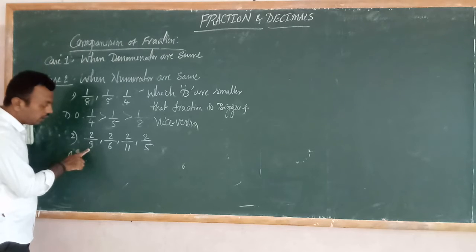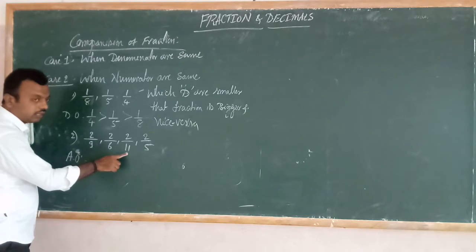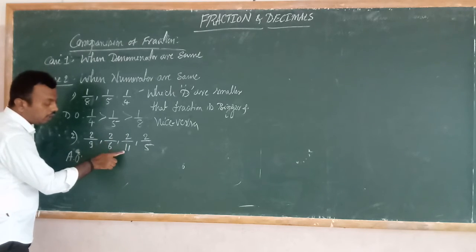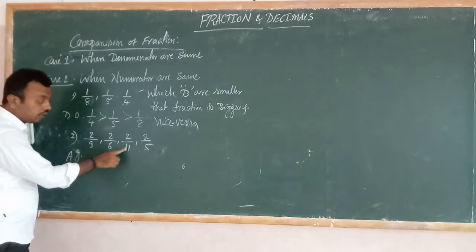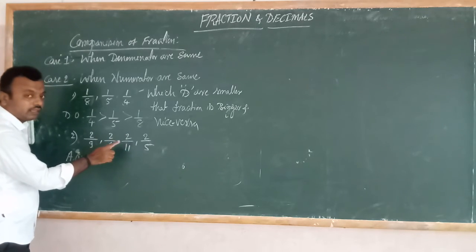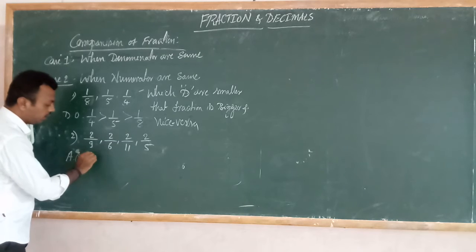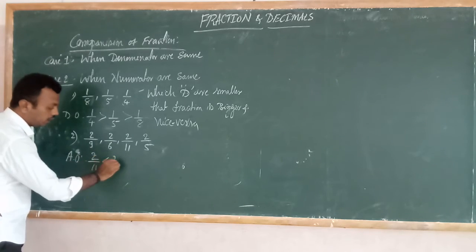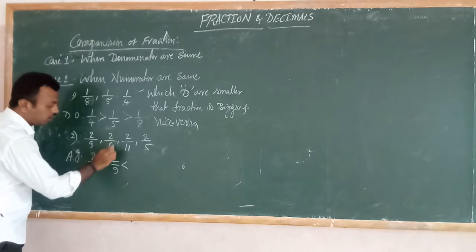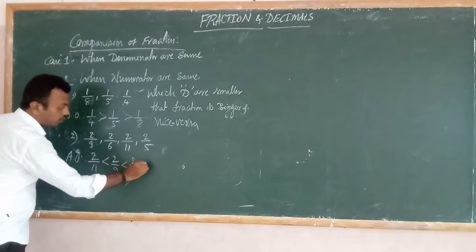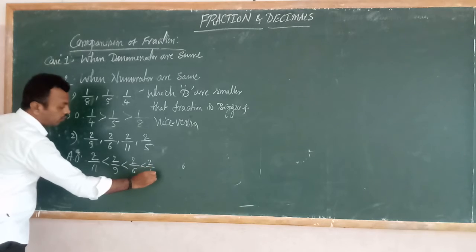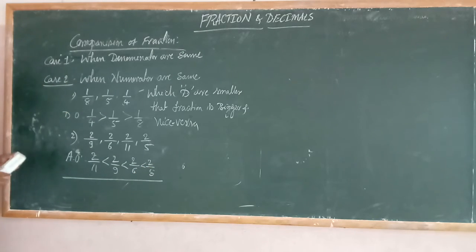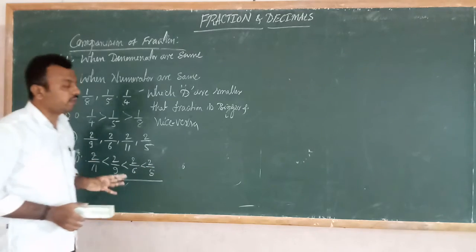Where is the bigger denominator? 9 is there, 11 is there. When the denominator is greater, that fraction is smaller. So 2 by 11 is the smallest, then 2 by 9, then 2 by 6, then 2 by 5. So very simple. Like this, you have to learn the comparison of fractions.